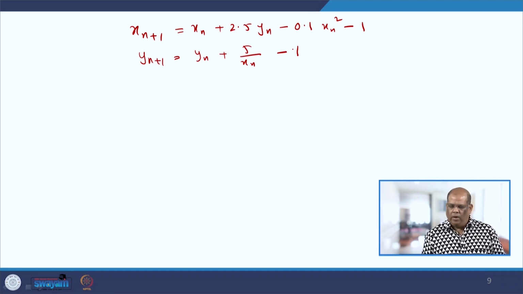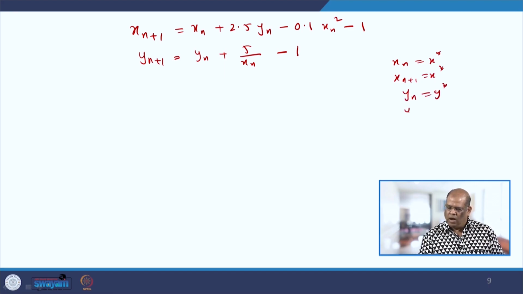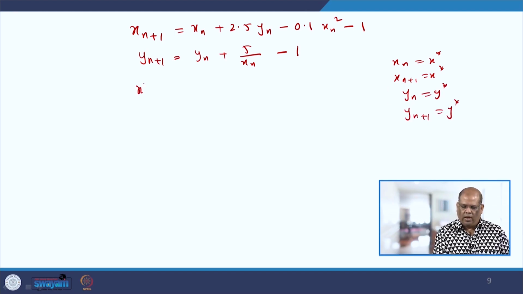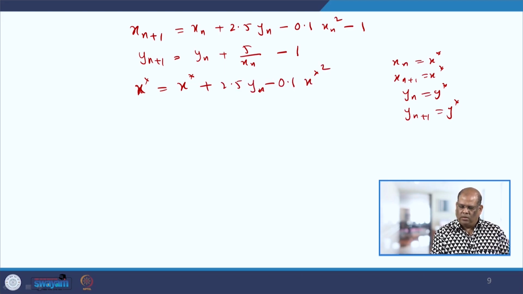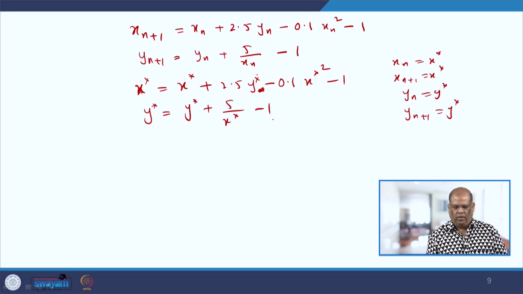Now, to get the equilibrium solution, as we have told, you have to replace x n by x star, x n plus 1 by x star, y n by y star, and y n plus 1 by y star. You substitute here and you get x star equal to x star plus 2.5 y star minus 0.1 x star square minus 1, and y star equal to y star plus 5 by x star minus 1.